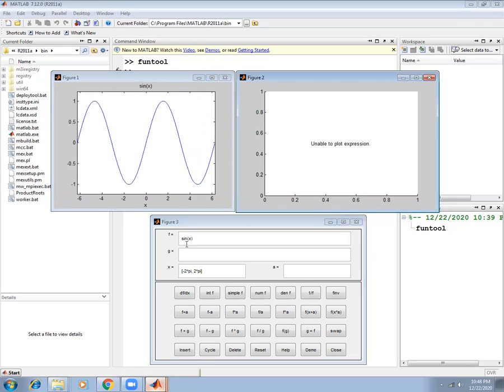The graph is displayed in figure 1 for the interval minus 2 pi to 2 pi.